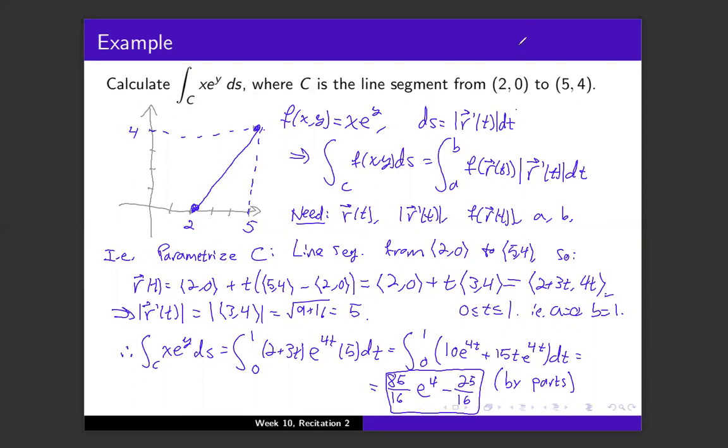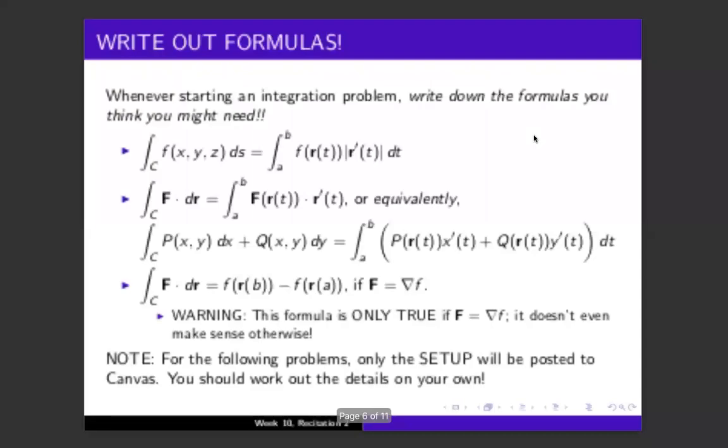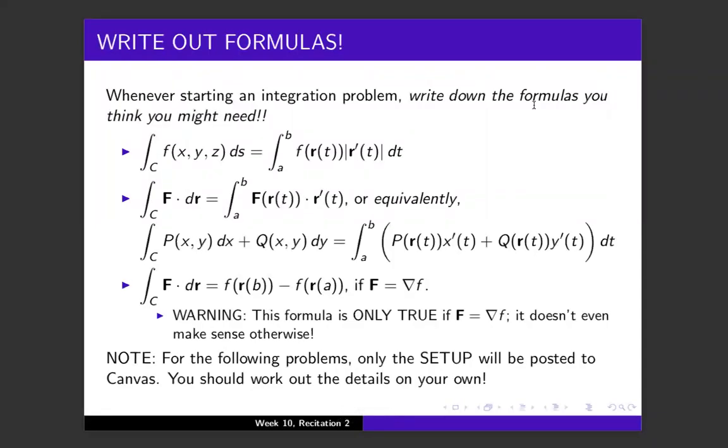Okay. So one thing, by the way, that I should mention, this is going backwards a little bit, is writing out these formulas. There are really 3 important formulas for integration that we've looked at so far for chapter 16.